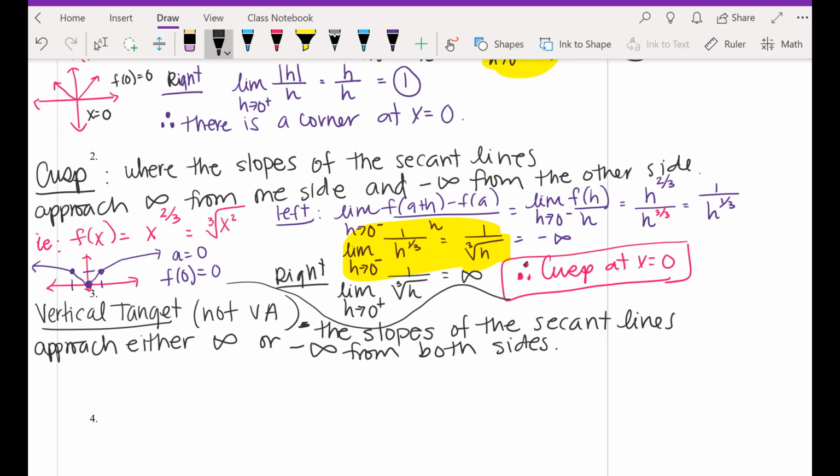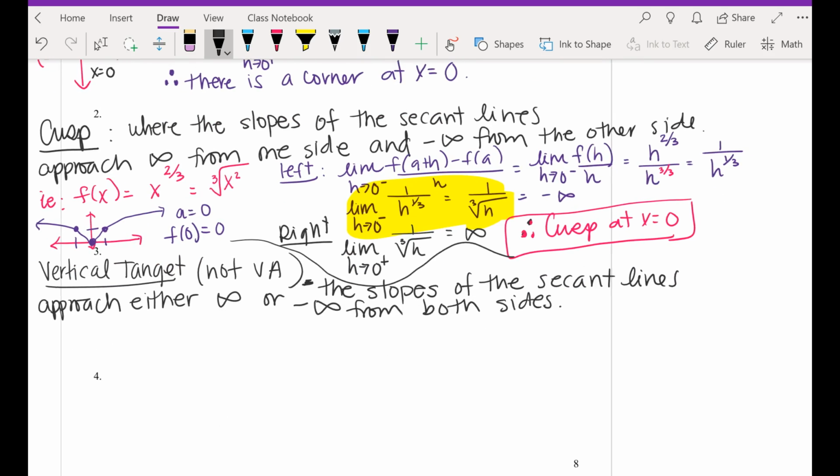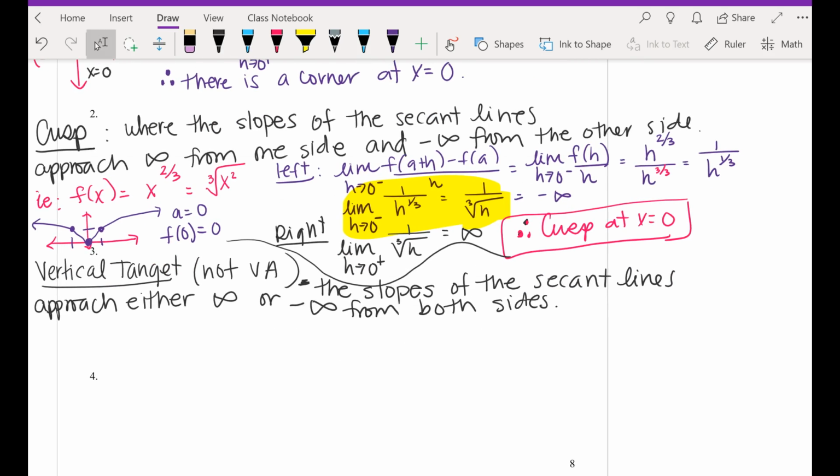Okay, this seems like a similar definition to the cusp, but it isn't. What do I mean by this definition? So if we were to use the derivative, left and right hand must both be the same, either negative infinity or positive infinity. They cannot be swapped, okay?